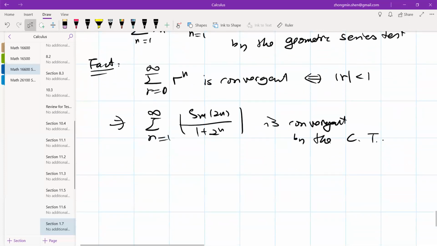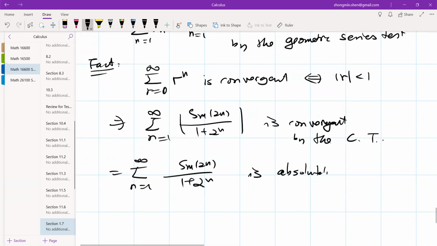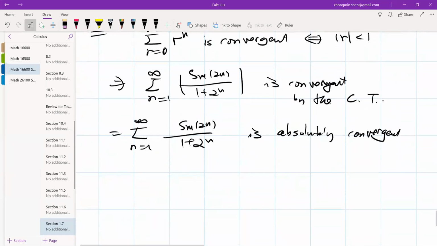Then you conclude that this is absolutely convergent or just convergent. Is there any other method you can prove that? No. You have to look at the absolute value, because it's really hard to understand the sign of the numerator.